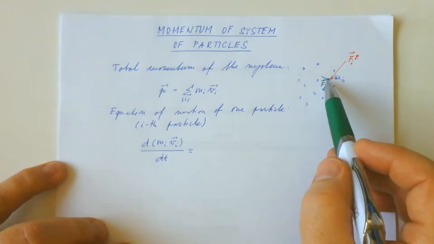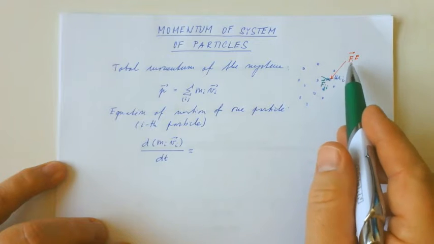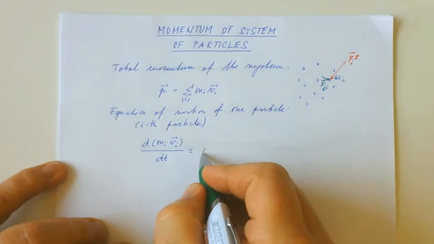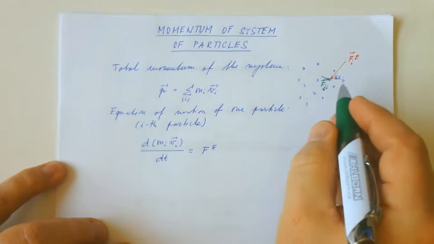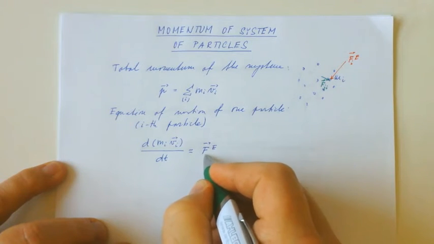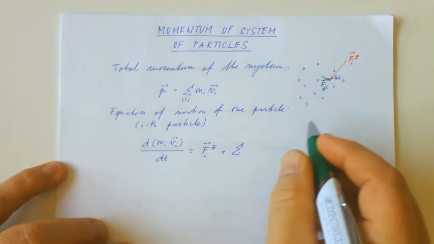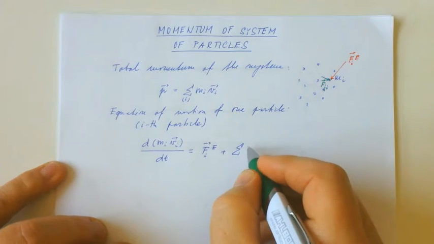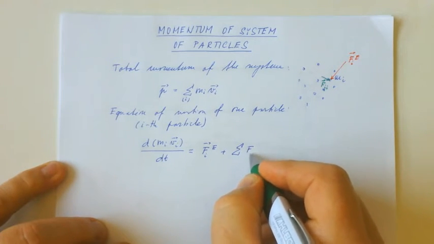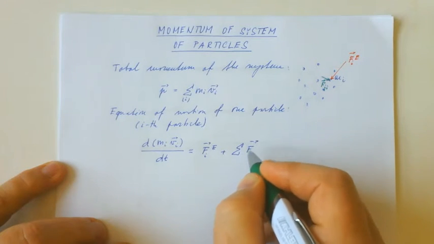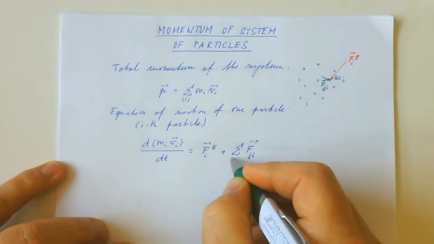So at first it is an external force, a resulting force acting on the ith particle, and also a sum of internal forces acting from other particles j.